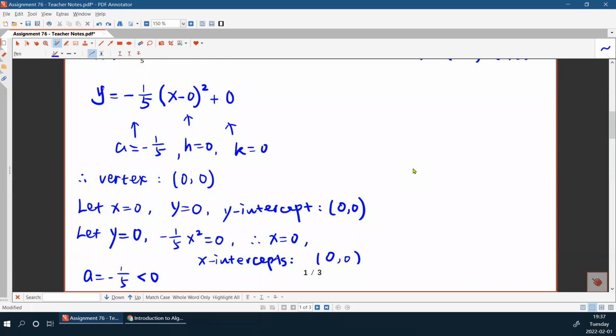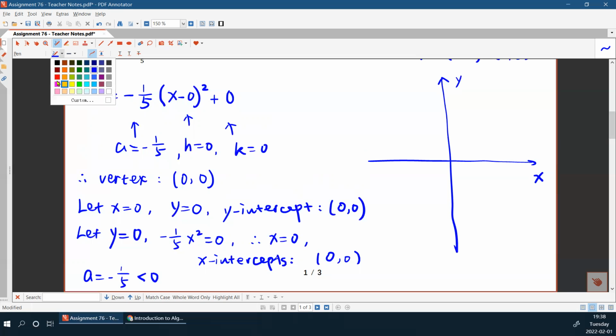Okay, so we have gathered all the information we need, and we can then sketch the graph of this function on the 2D Cartesian plane. Okay, so first of all, to find its vertex, which is 0 and 0. And it's here, right? 0, 0. And this is a vertex. And note that the y-intercept and x-intercept is also 0 and 0.